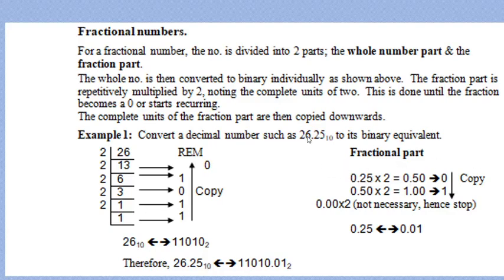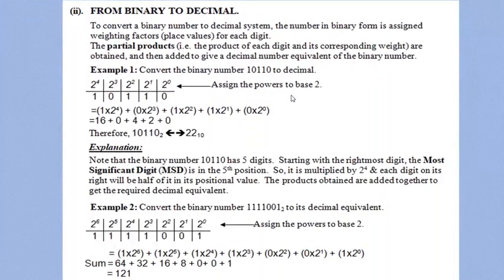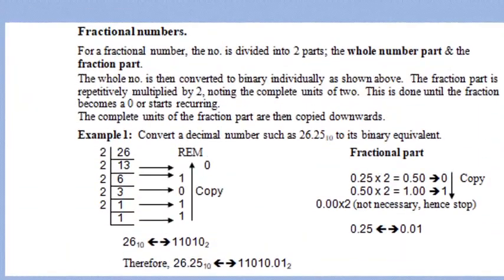Therefore, you separate the first part, and you also separate the second part. Then the first part, that is the whole number part or integral part, you continuously divide by 2, like I have taken you through in the other example. Whereas the other part, you continuously multiply by 2.